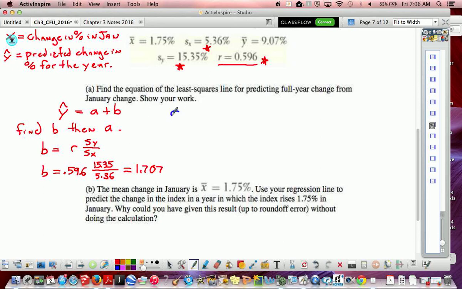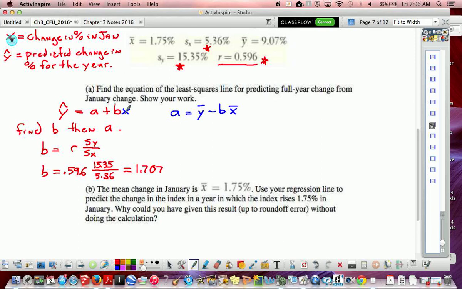To find A, the y-intercept will equal the mean of Y minus B times the mean of X. Whoops, I just noticed I forgot the X in the formula here.